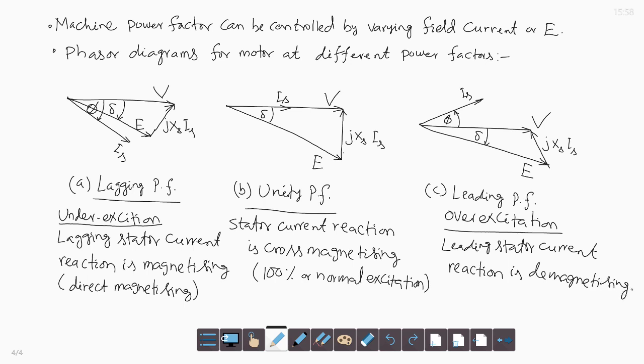Because the leading stator current reaction is demagnetizing, it reduces the net flux, which is less than the stator MMF.